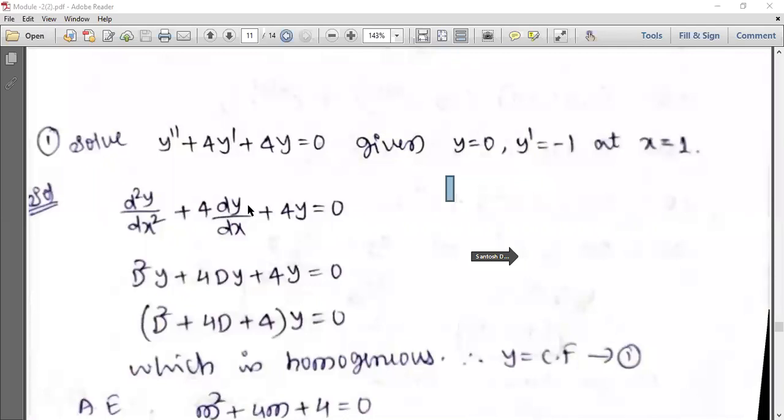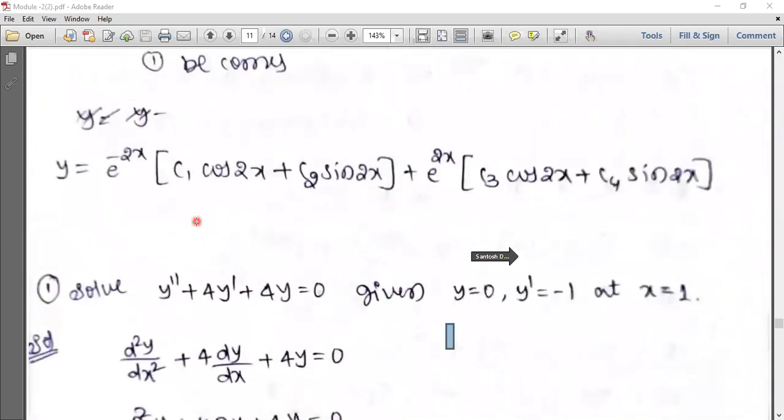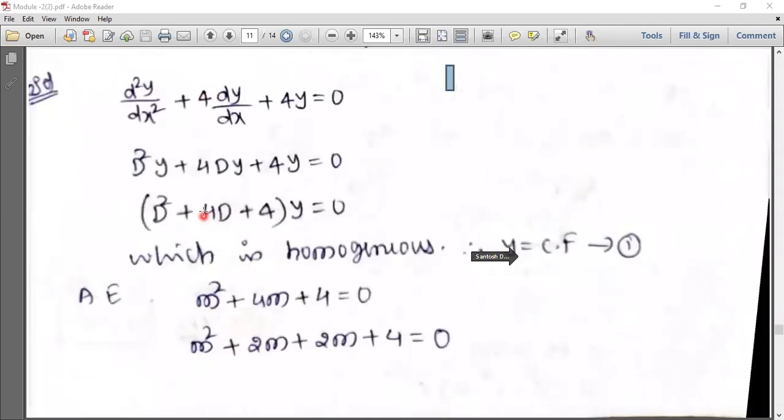See here, this is an example. This is y double dash, so d square y by dx square plus 4 dy by dx plus 4y equal to 0.